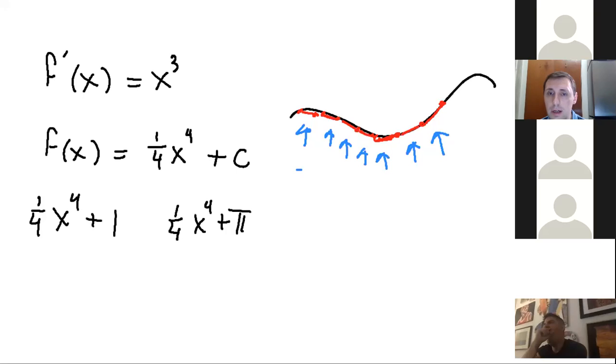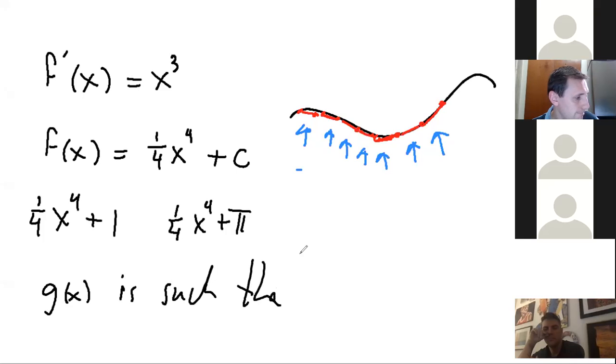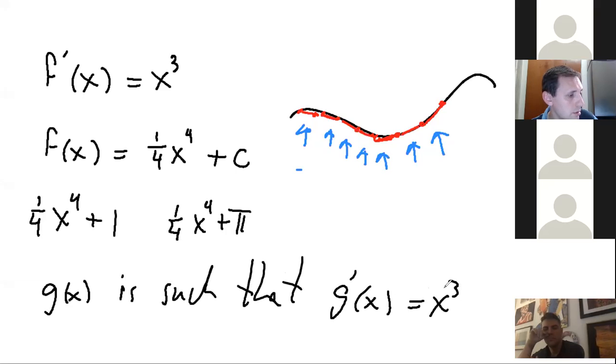And if you have two functions with the same slopes everywhere, that means they have the same derivatives. It means the curves are what? If two curves have the same derivative everywhere. In other words, if I have one function g(x) such that its derivative is the same as x cubed, how is g(x) and x to the 4 over 4 related?